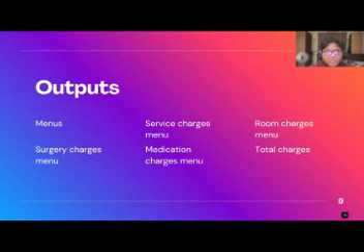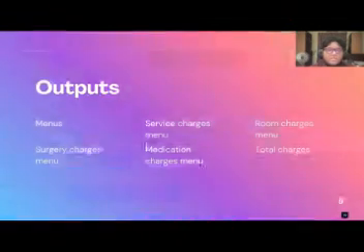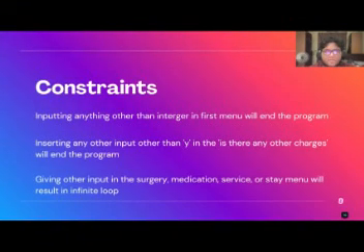And next is the outputs. The outputs are such as menus, surgery charges menu, service charges menu, medication charges menu, room charges menu, and the total charges the patient has to pay. So for the constraints of our program, if the user inputs anything other than an integer in the first menu, it will end the program.